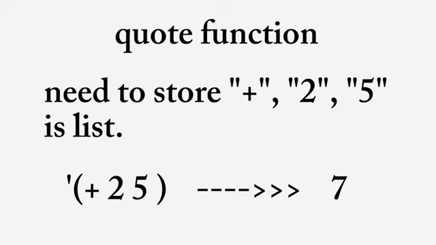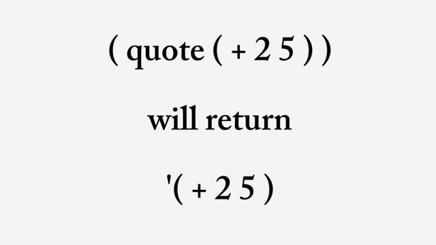So to avoid that expression, we have to use the quote function to store the operators within the list. Let's see how. If you give the quote function in front of the atom list, it will return a list, not an expression. For example, if you give quote in front of plus 2, 5, it won't return 7. It will return a list as plus 2, 5.